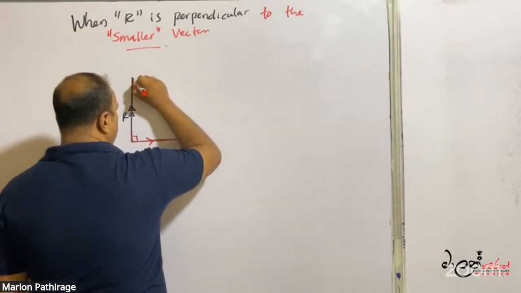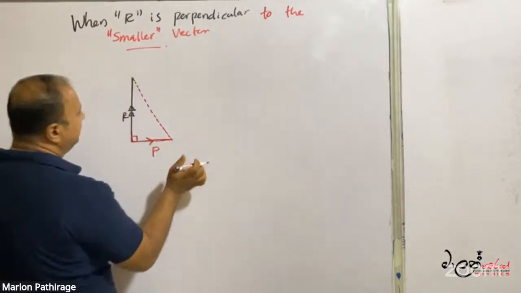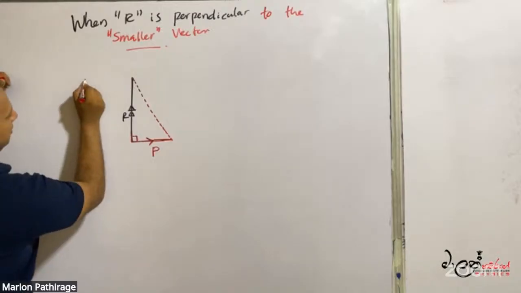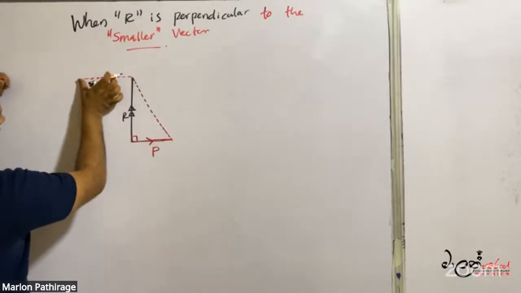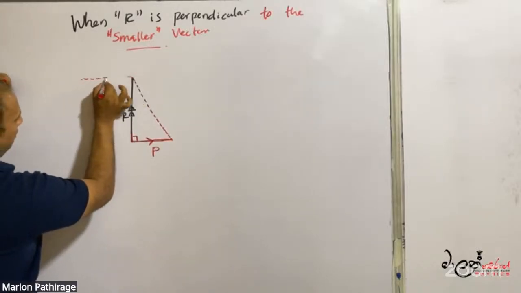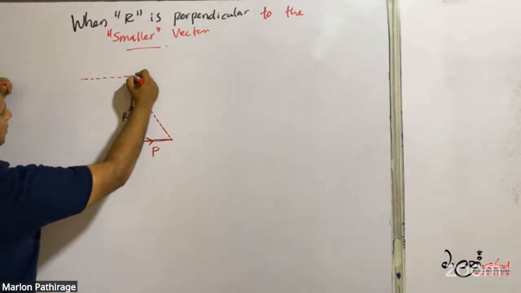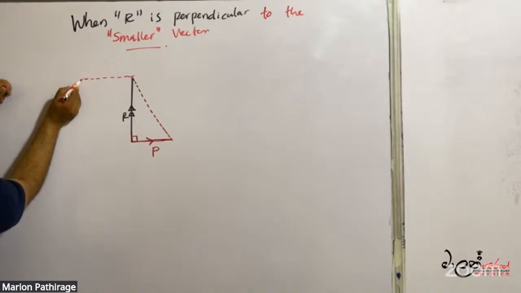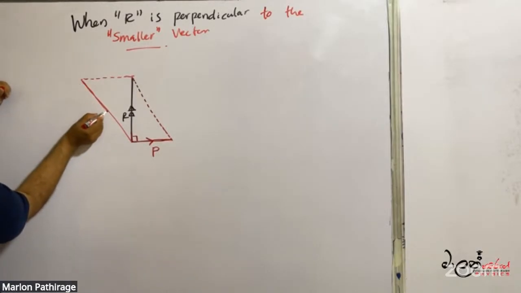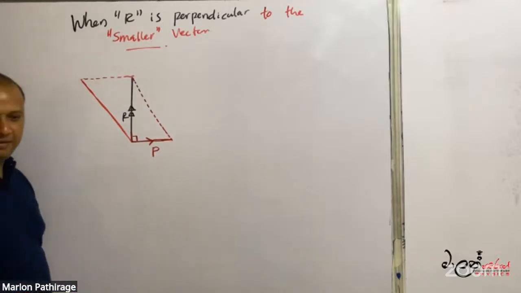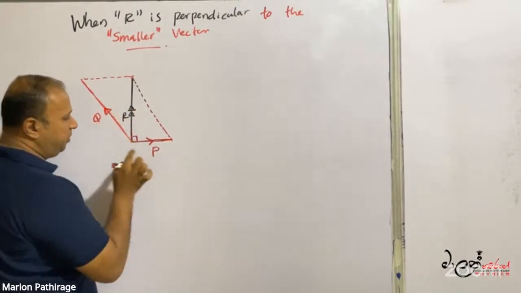So this should be one side of the parallelogram. The other side should be equal. Therefore, this should be Q. This should be P.